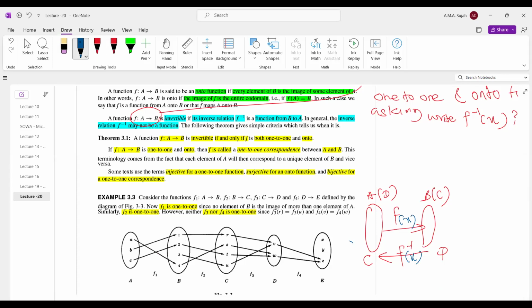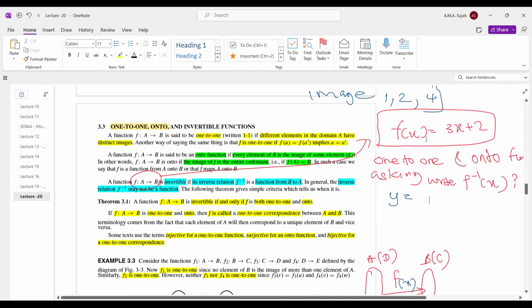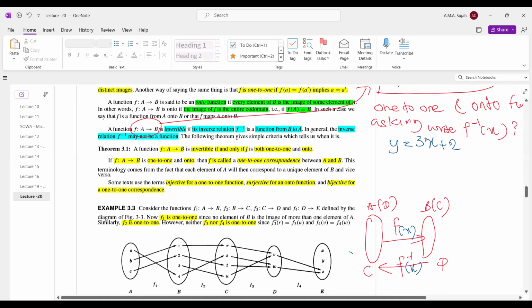So now we can write y is equal to 3x plus 2. This is my function f of x, and I am assigning a letter y. If I change the value of x, say x is equal to 1, x is equal to 2, x is equal to 3, I get different y values.